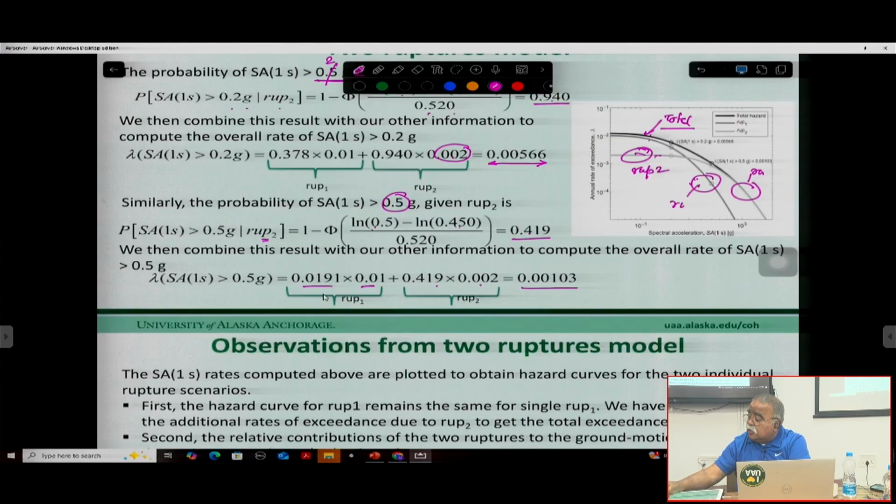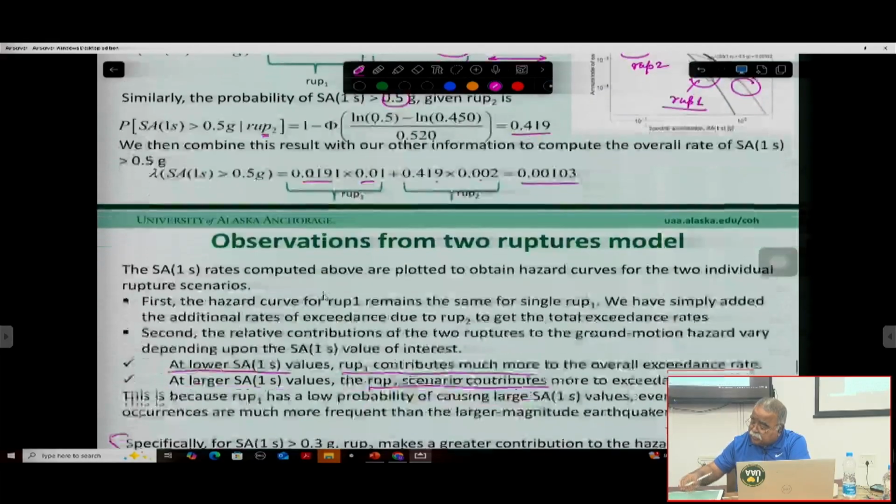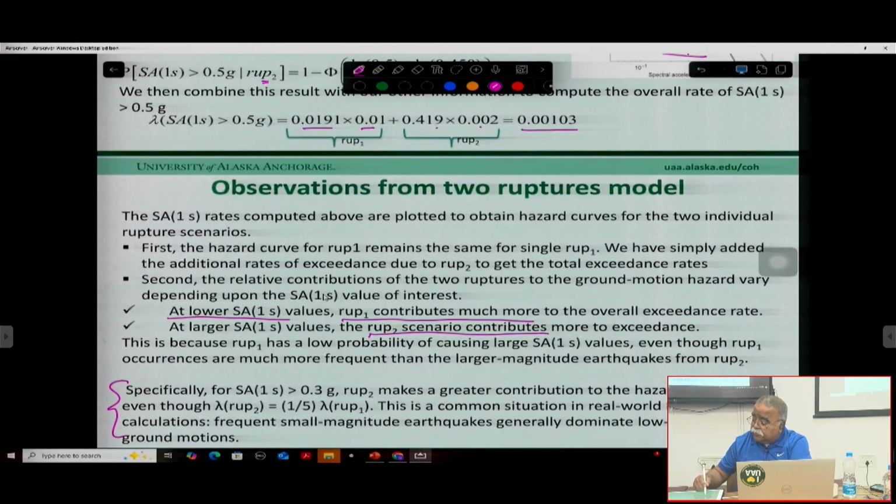And rupture 1 is contributing what? Because this value is here, right? So at the low frequency, in this zone, at the spectral acceleration at 1 second, at the lower SA values, rupture 1 contributes more, okay? And at the larger SA at 1 second, rupture 2 contributes more, okay?